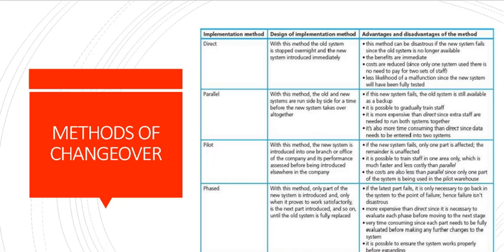Under the phased implementation method, you get one part of the system and introduce it into the organization, into the company. For example, if you have a system that has a database and input, you pick out one aspect of the system.